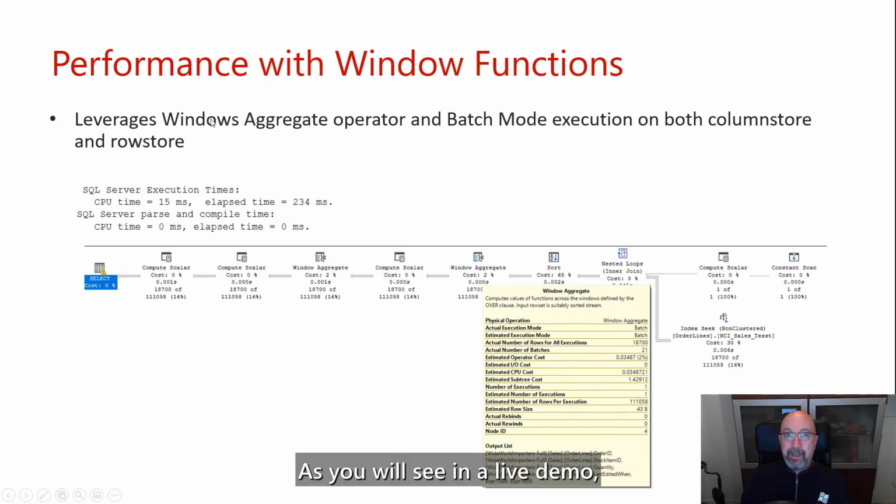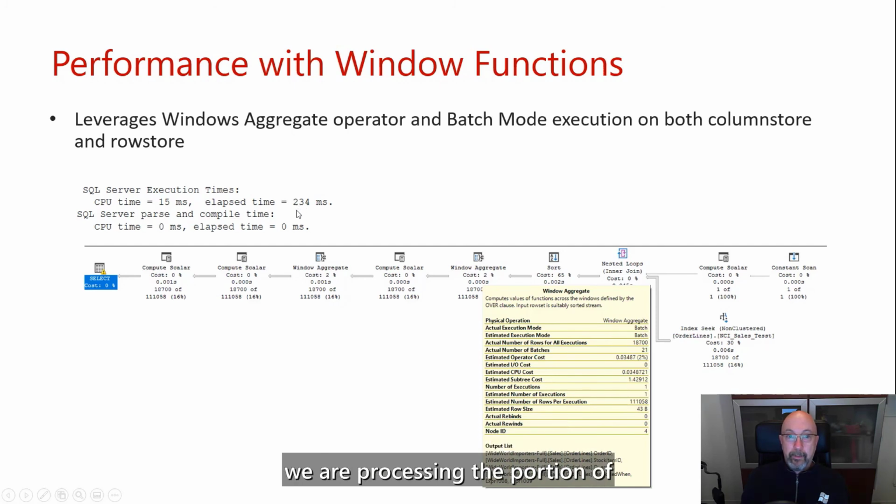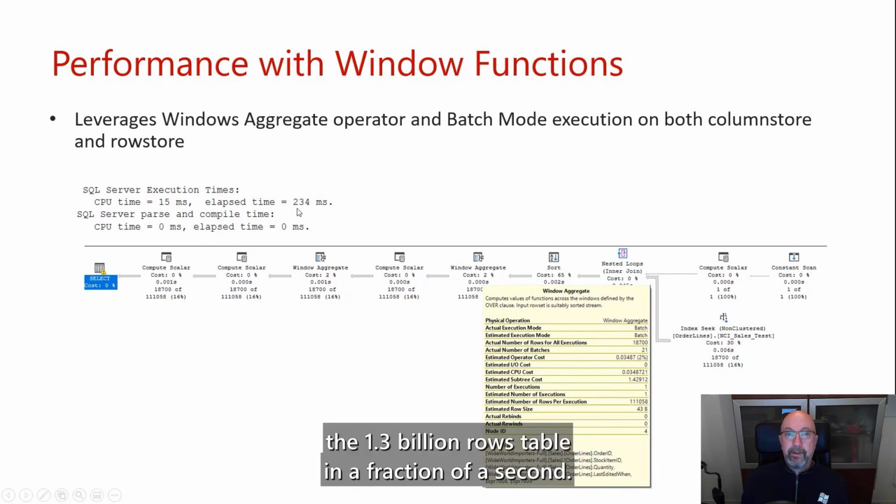As you will see in a live demo, performance here is super good. While the same database is processing OLTP operations, on top of that we are processing a portion of the 1.3 billion rows table in a fraction of a second.